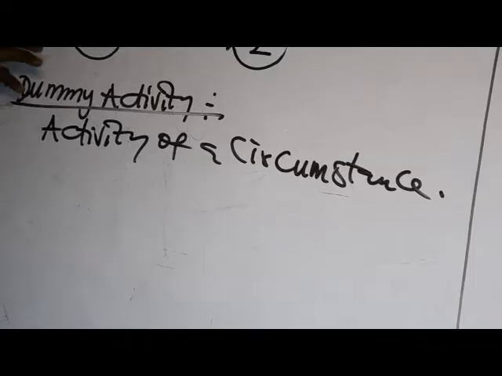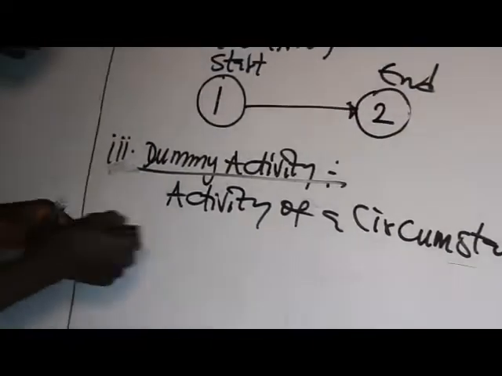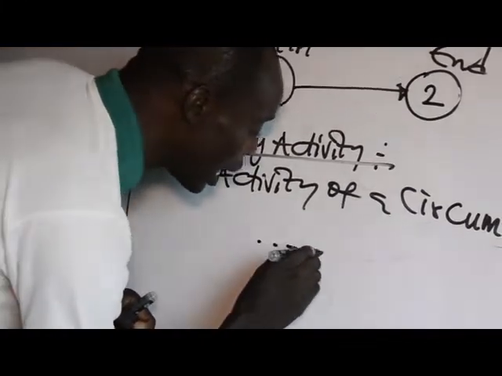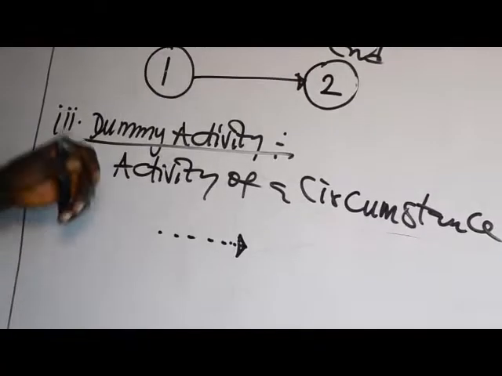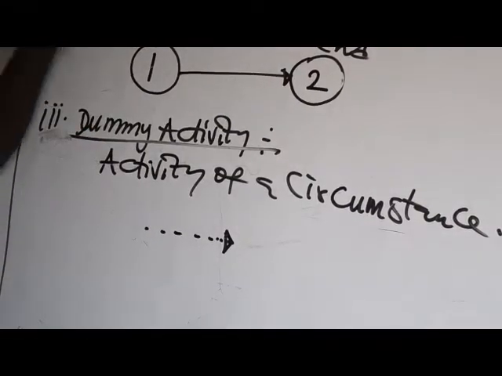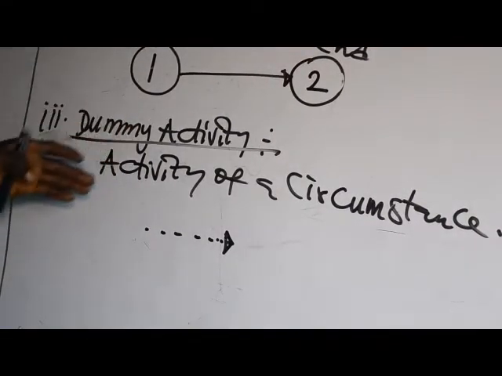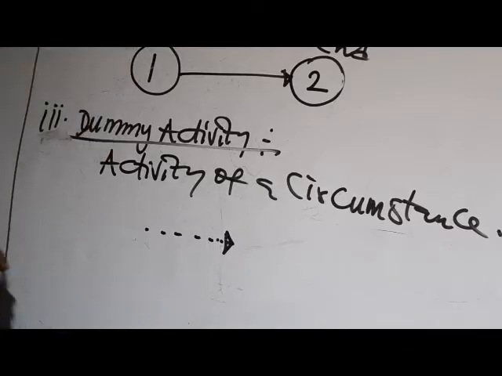It is usually denoted by a dotted line. It is used to ensure that the rules for network are not violated.